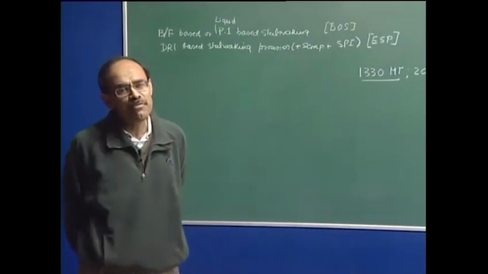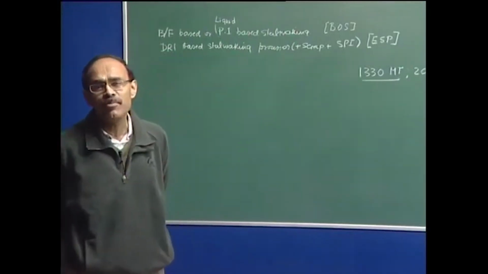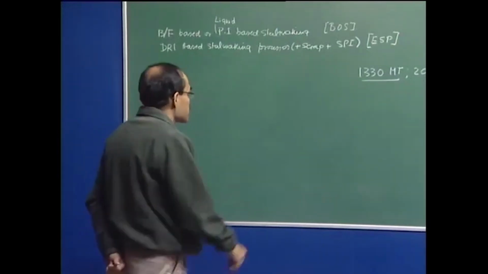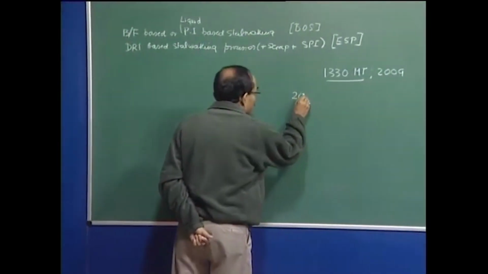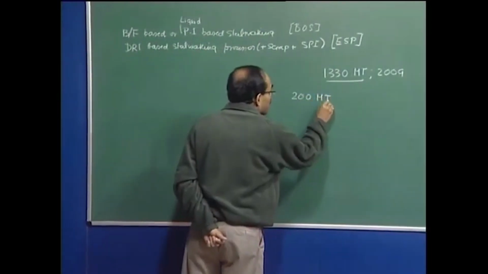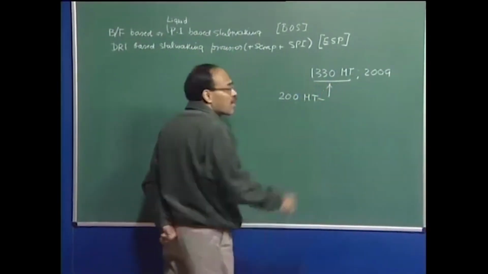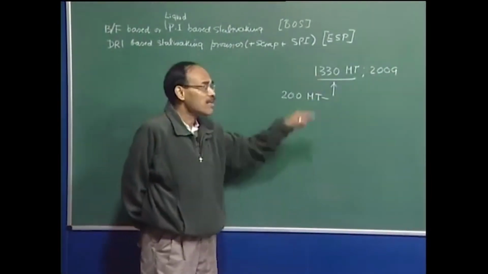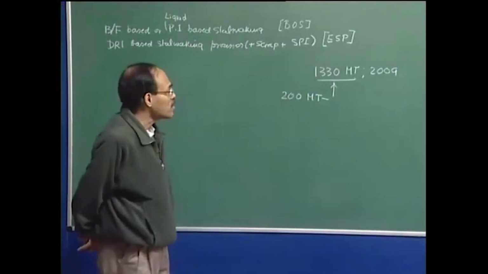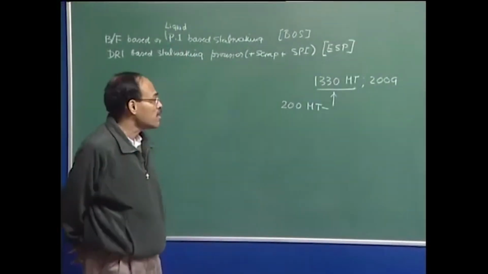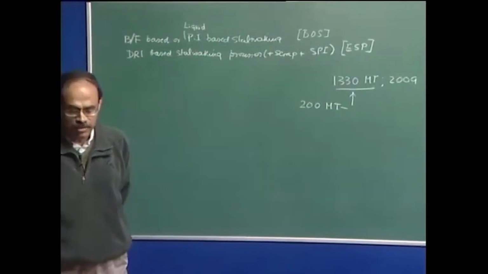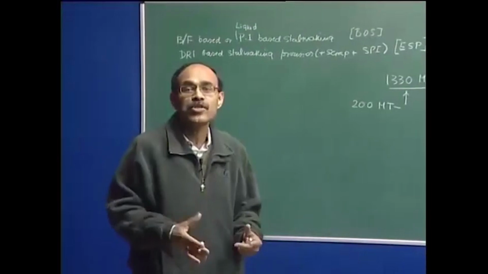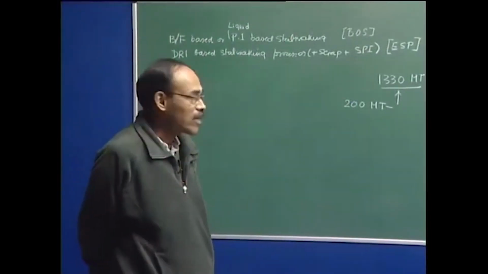If you talk of the 1950s, 1960s, we were producing something like 200 million tons, and today we are at about 1,330 million in 2009, which essentially tells us that there has been nearly a 6 to 7-fold increase, and that society now needs more and more steel because development work has to go on.